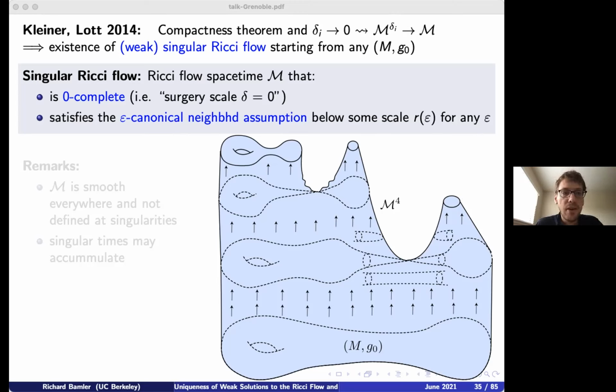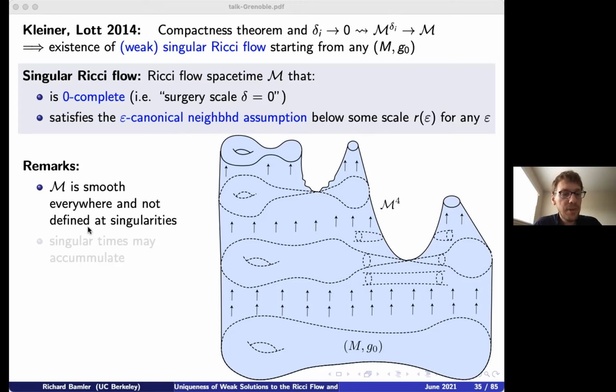Let me just make a few remarks though, because there's some cause for misunderstanding here. First of all, the name may be slightly misleading. We call this a singular Ricci flow, but recall all the objects that we're dealing with are smooth everywhere. A Ricci flow spacetime is defined as a smooth manifold, equipped with a smooth metric and a smooth function and a smooth time vector field.